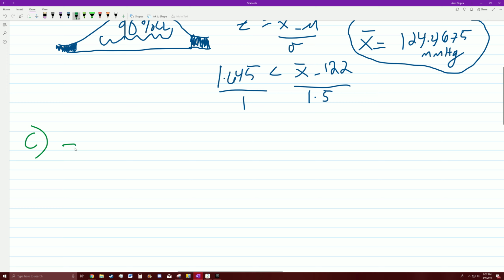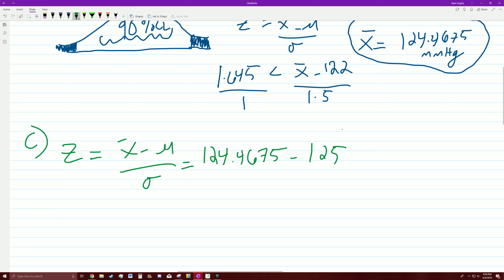So the easiest way to go about Part C and to guarantee you get the credit is to realize that this is just another z-score question. So z is equal to x bar minus mu over standard deviation. The x bar we found up there is 124.4675. Our mu is 125. Our standard deviation is 15 divided by the square root of 100, because remember, we're not changing the sample size. All that we know is that we have a different mu.